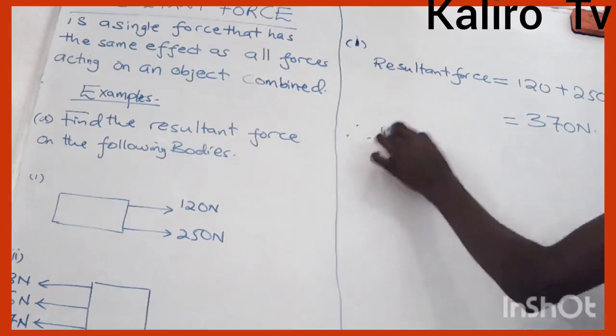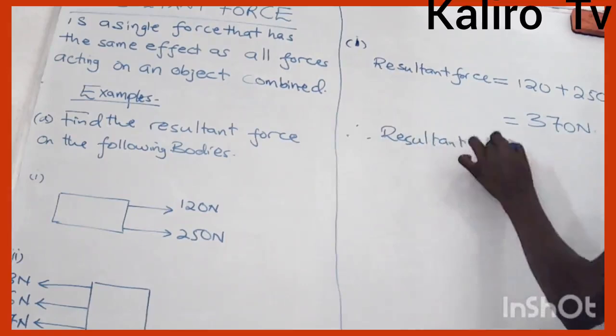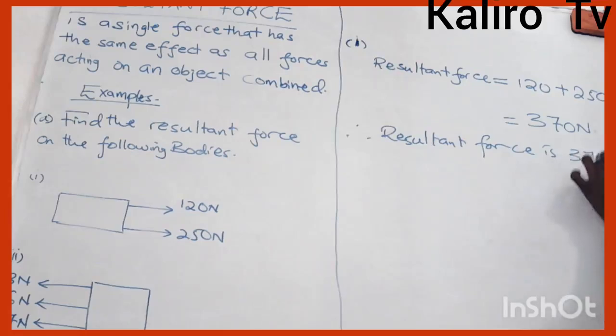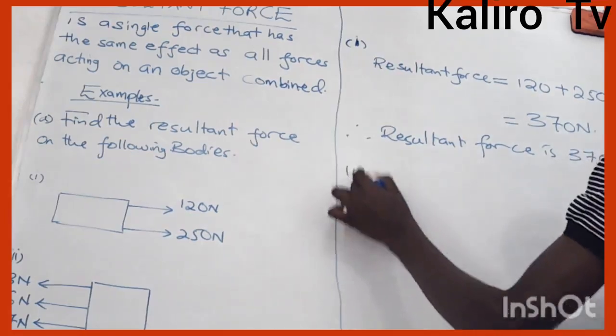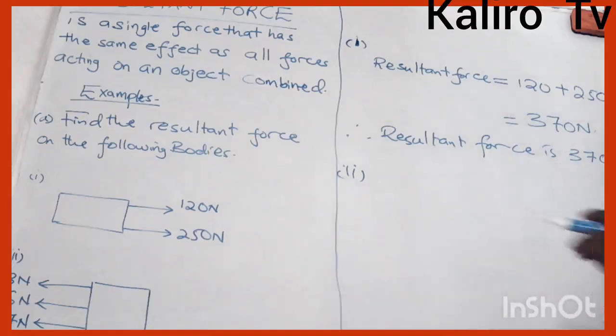So the resultant force is 370. Then for part 2, we are having 3 forces, but they are all acting in the same direction.